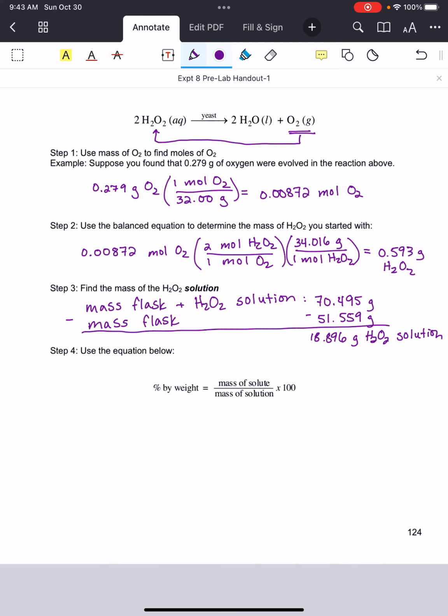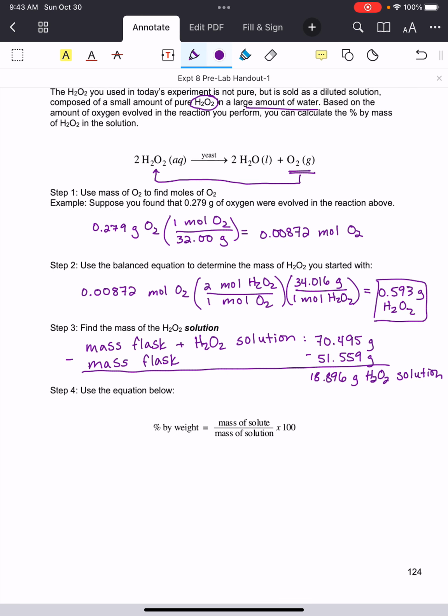So if we know how much was pure H2O2, and we know how much was of the solution, then we can find the percent by weight. So the mass of solute was from step 2, the mass of solution was from step 3, and then we multiply by 100.